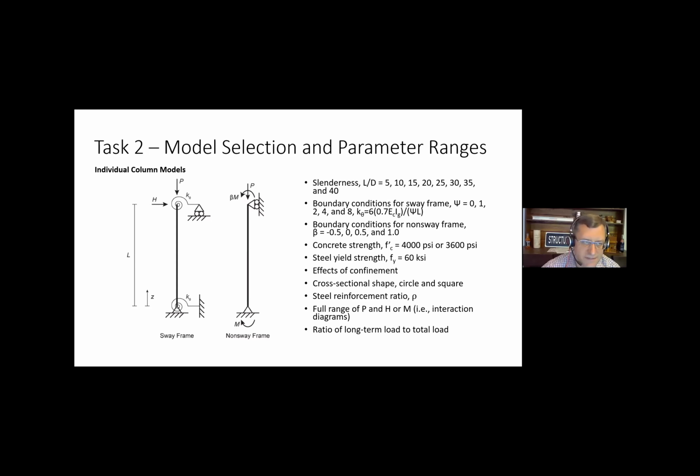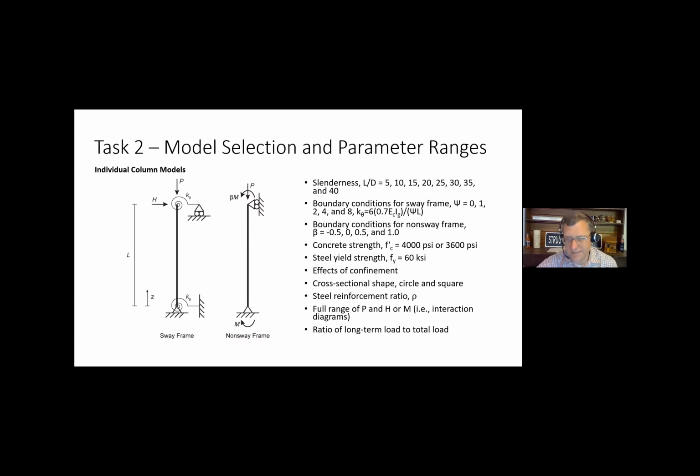Task 2 is to look at individual column models as well as some bridge models. By individual column models, we have the canonical sway and non-sway members. You can look at a lot of behavior with these simple models with springs for sway, and different end moments for non-sway frames and different parameters. You run over a bunch of different slenderness ratios and boundary conditions for the sway case and the non-sway case, and then look at concrete strength and yield strength.